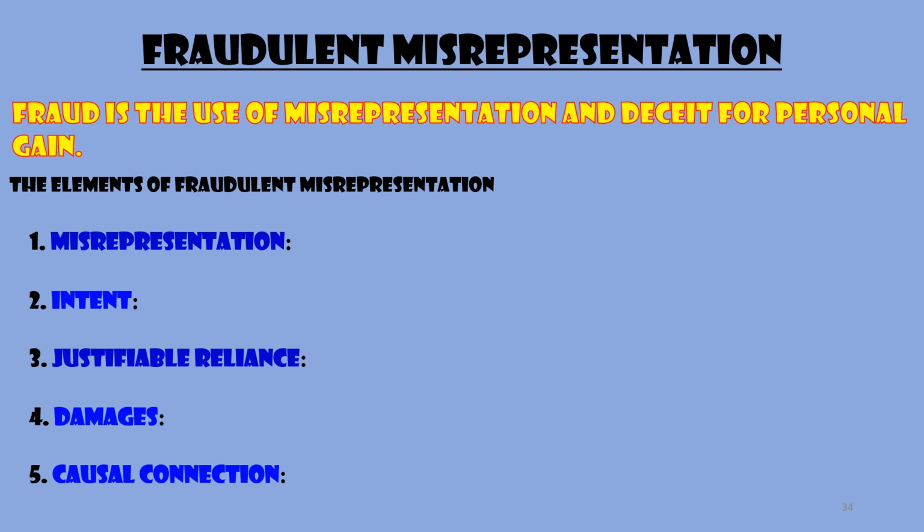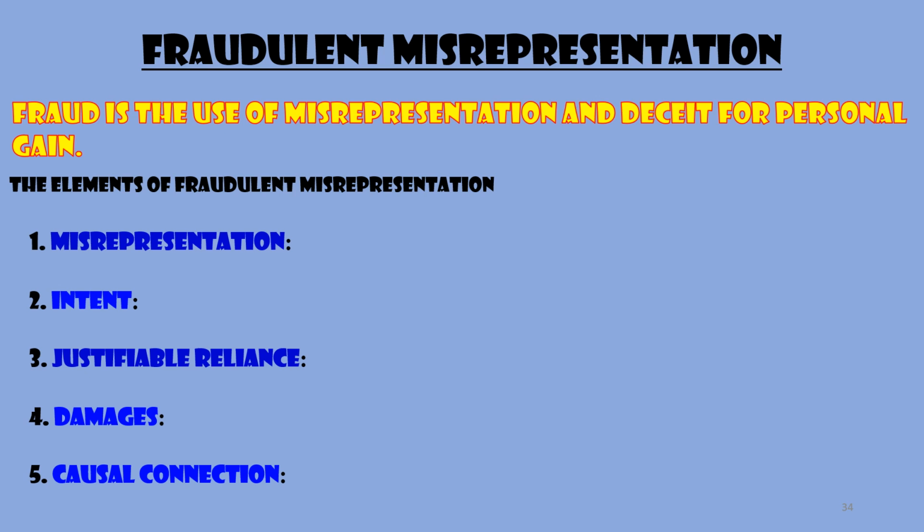Now, the last one is a causal connection. I saved this for last because a causal connection is a but-for test, and it can be kind of tricky to figure out. Basically it's, but for the lie, would the harm have occurred?